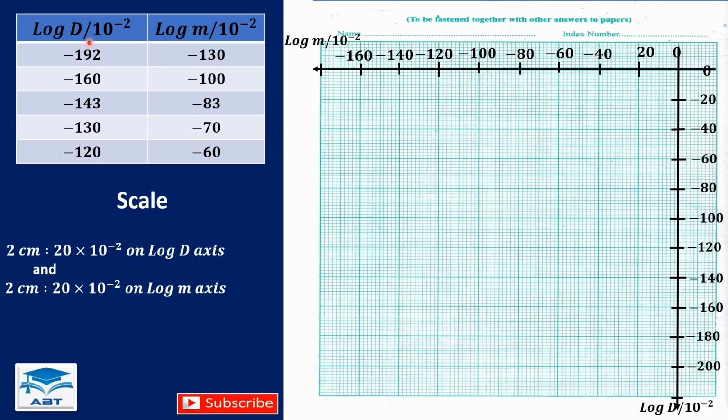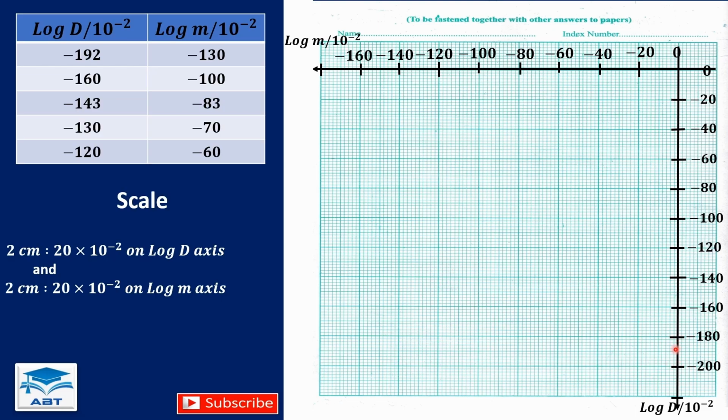For the first value on log D, we have negative 192, and log M, we have negative 130. So negative 130 will be between negative 120 and negative 140. And negative 192, that will be between negative 180 and negative 200.